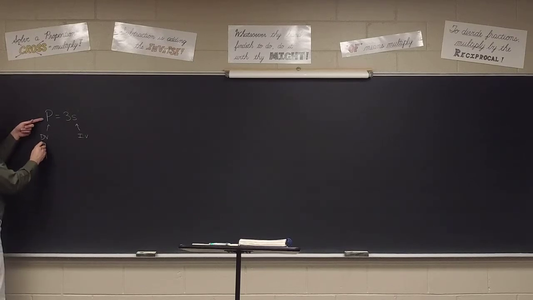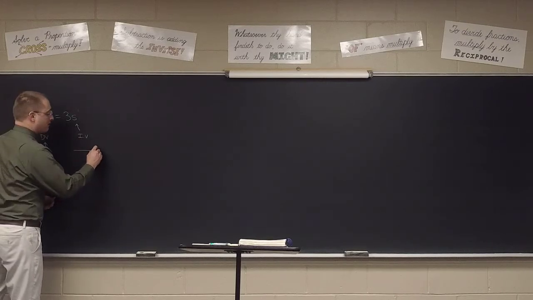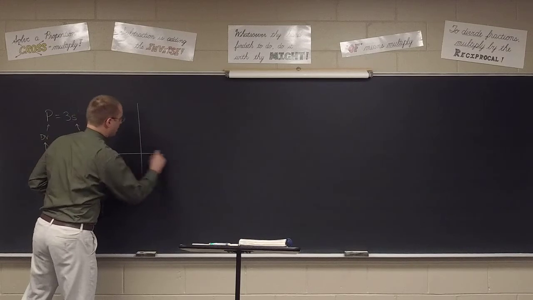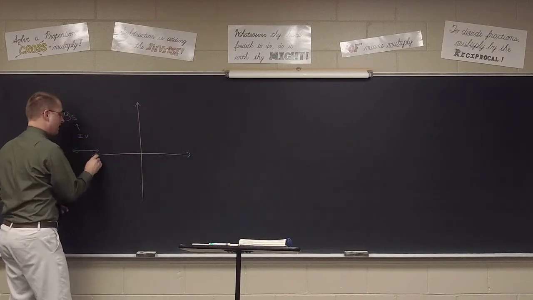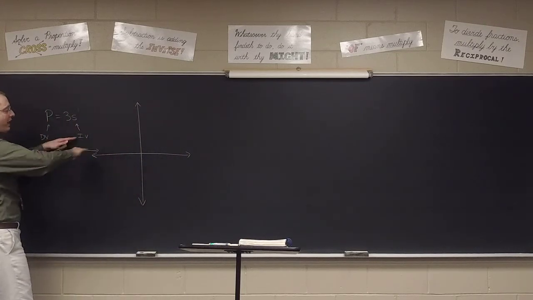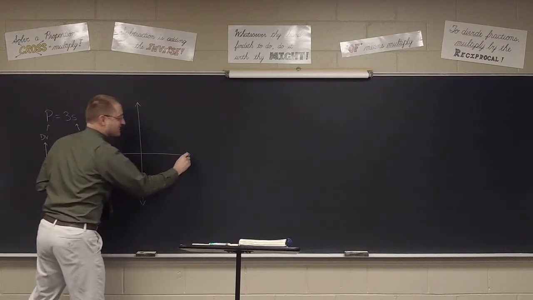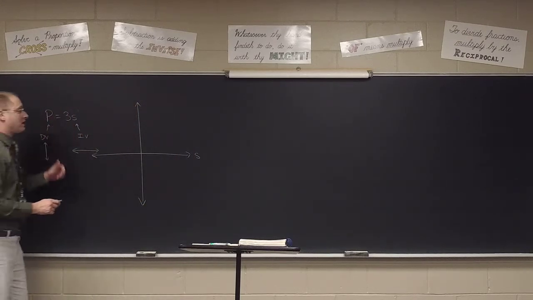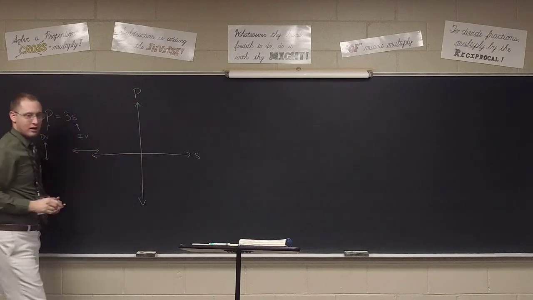Instead, we would let the dependent variable take the vertical axis and the independent variable take the horizontal axis. So just throwing a quick sketch up here, instead of x and y, my horizontal axis would be the s axis. My vertical axis would be the P axis.